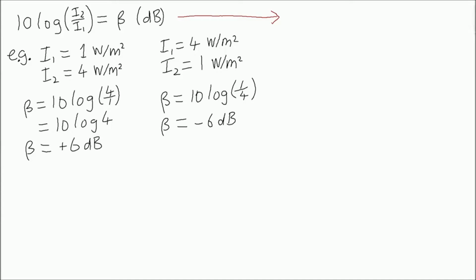And this is where the math gets tricky, so I'm going to do this in a different color, dark red. Dividing the top left equation on both sides by 10, we get the log of I2 over I1 is beta over 10.